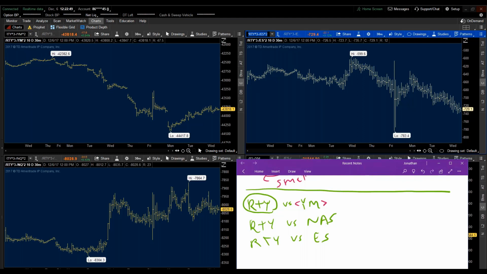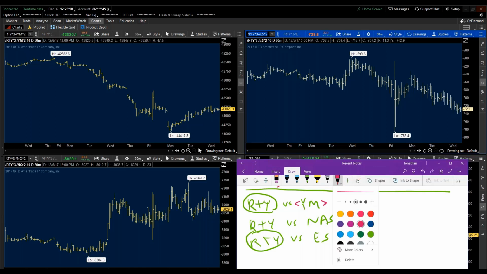So top left is going to be long Russell, short Dow, right? If we wanted to take advantage and buy down here. If we want to buy Russell ES, we'd be buying the Russell and then selling ES.